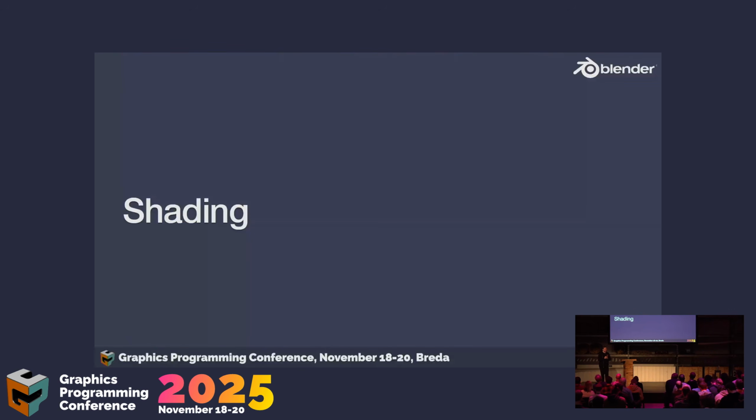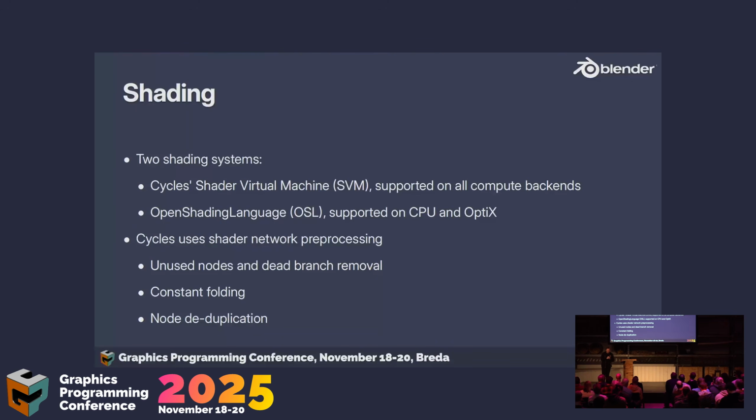Another interesting topic is how we do shading in Cycles. As I mentioned, there are two shading systems supported by Cycles. One of them is more native to Cycles, which we call the shader virtual machine. It's supported on all the compute backends.